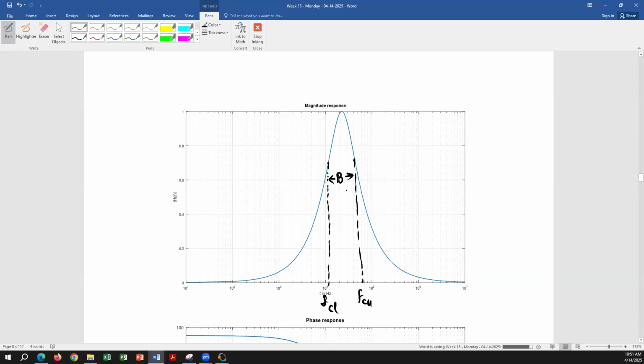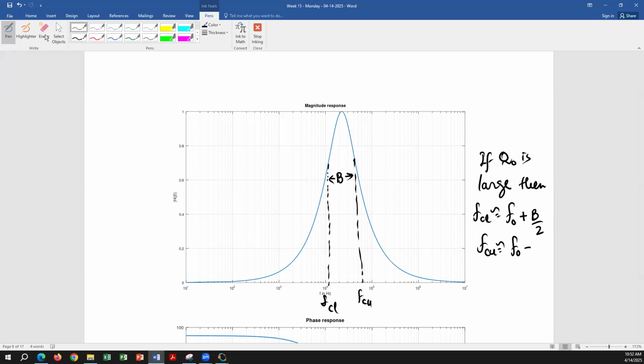So if the quality factor Q naught is large, then we can approximate the lower cutoff frequency as F naught minus half of the bandwidth, and the upper cutoff frequency will be F naught plus half of the bandwidth, in hertz.